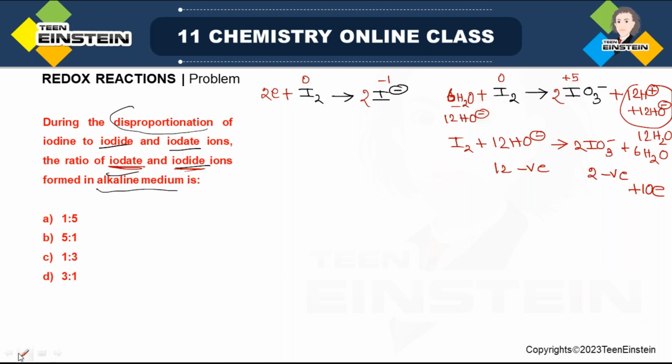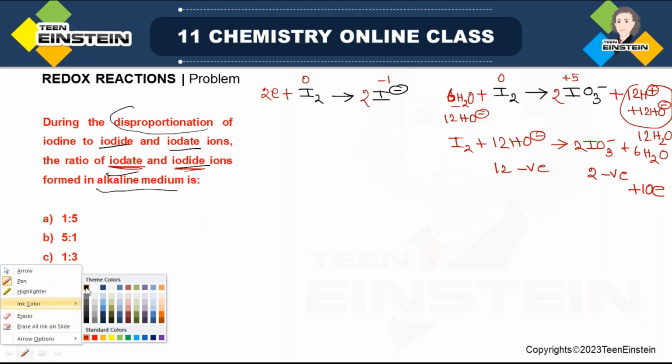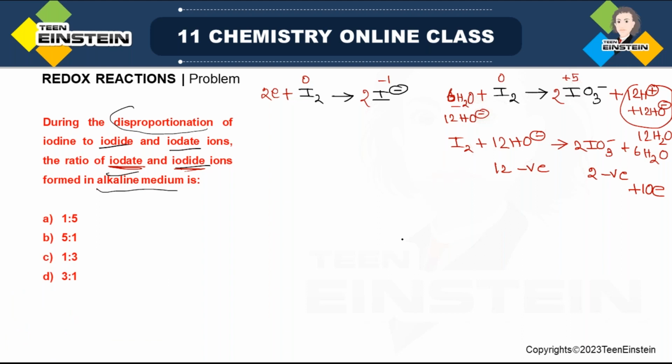Now that it is 10 electrons, let me write the full equation. Iodine plus 12 HO minus gives 2 iodate, 6 H2O and 10 electrons.